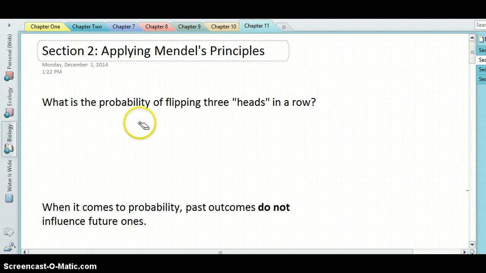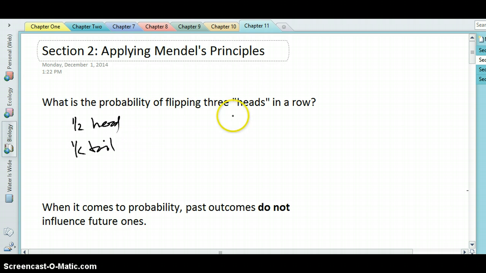As we know from flipping a coin, you have a 1/2 chance of it being a head and a 1/2 chance of it being a tail. So any one flip of the coin gives you a 50% chance of one side or the other.